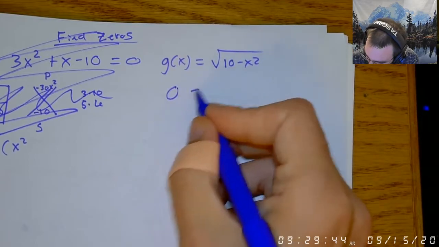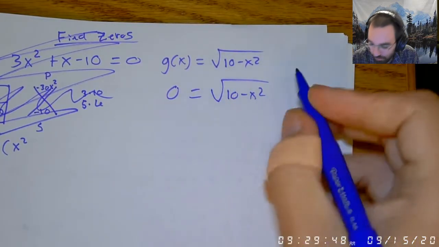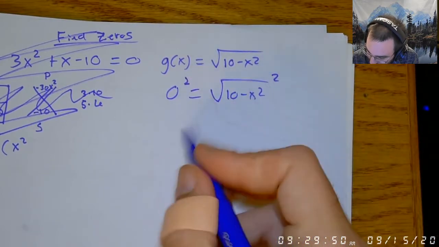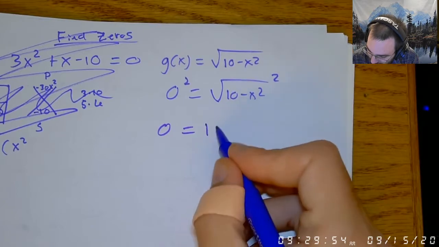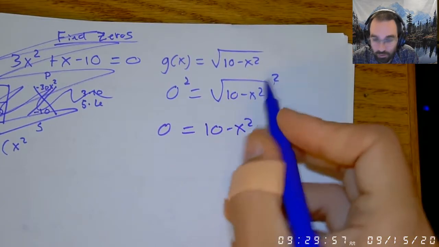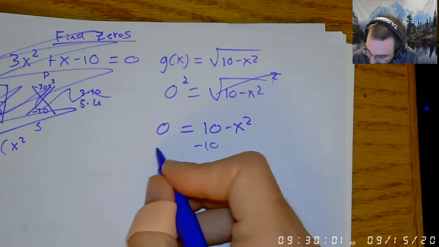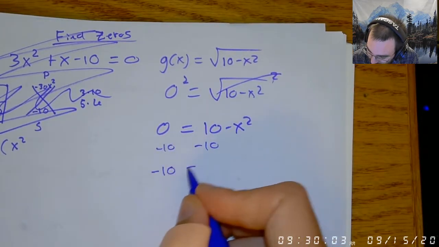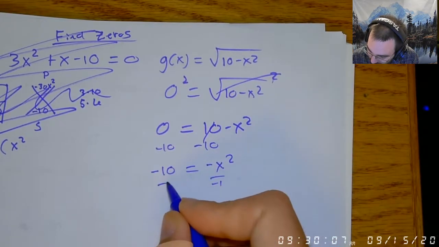So this one's really easy, beyond easy. To solve this, you're just going to square both sides. You don't lose an answer, so you don't need to do anything. A square root only has positives. Subtract 10. You get negative x squared divided by negative 1.